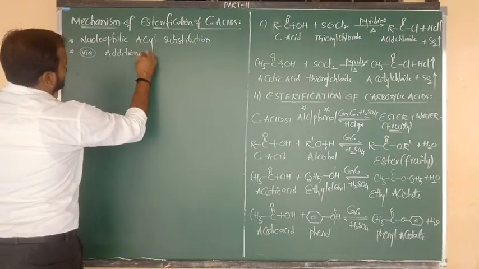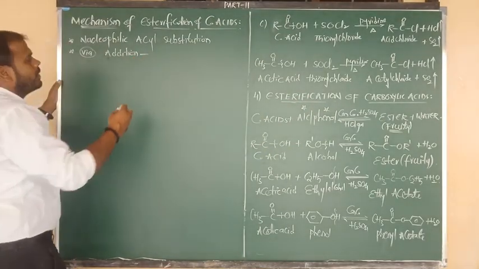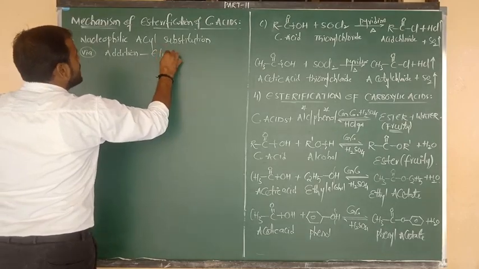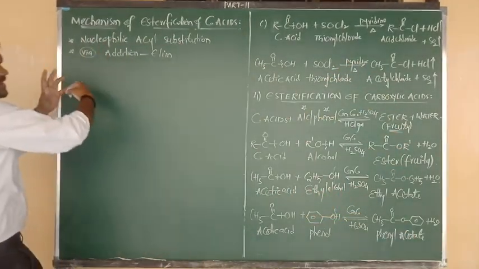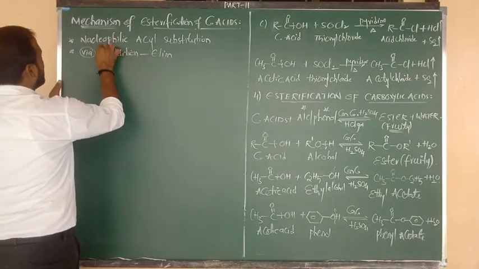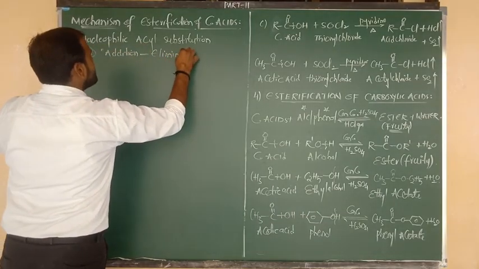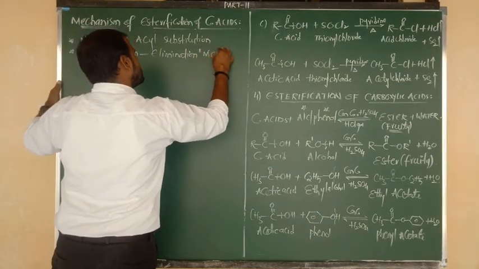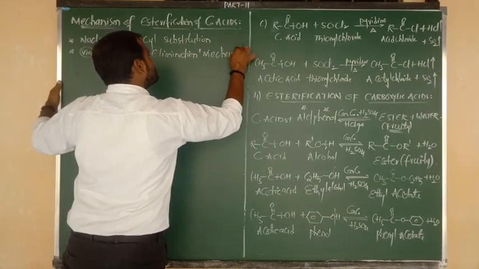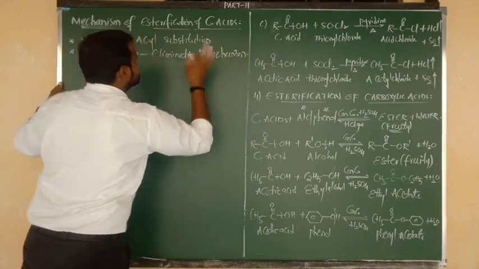First of all we have to do addition of alcohol or phenol, followed by elimination. What do we have to eliminate? Water molecule has to be eliminated. So this reaction proceeds via addition and elimination mechanism. So based on these two things, we are going to discuss the mechanism.